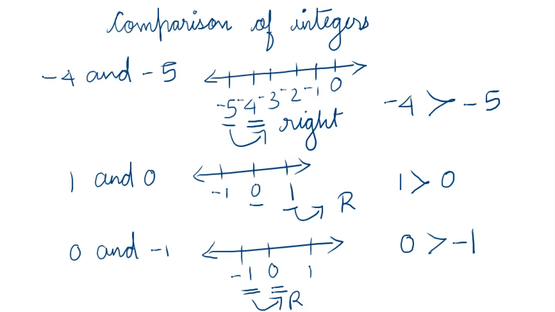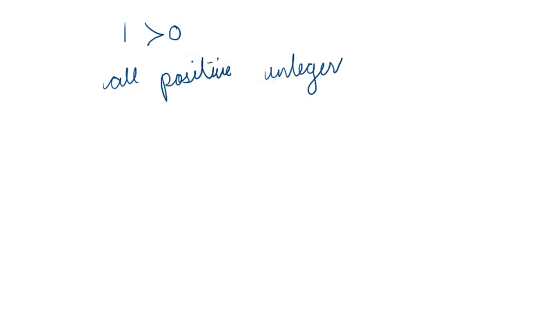Okay. So with these two comparisons, we can come to a conclusion. That is a very important note about integers. So it goes like this: 1 is greater than 0, right? So what does it mean? All positive integers are greater than 0.